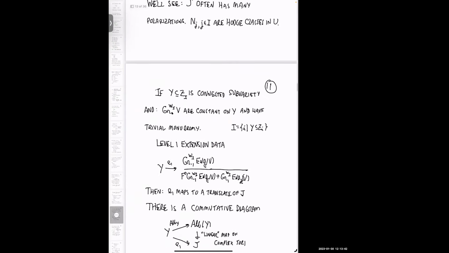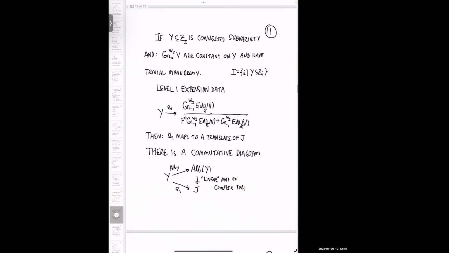So the important observation really is that if you have a connected subvariety of Zi where the graded pieces are constant and the monodromy is trivial, then the level 1 extension data actually maps to a translate of this J. So you're landing in an object which usually is an abelian variety, but certainly does not look like an intermediate Jacobian would look.